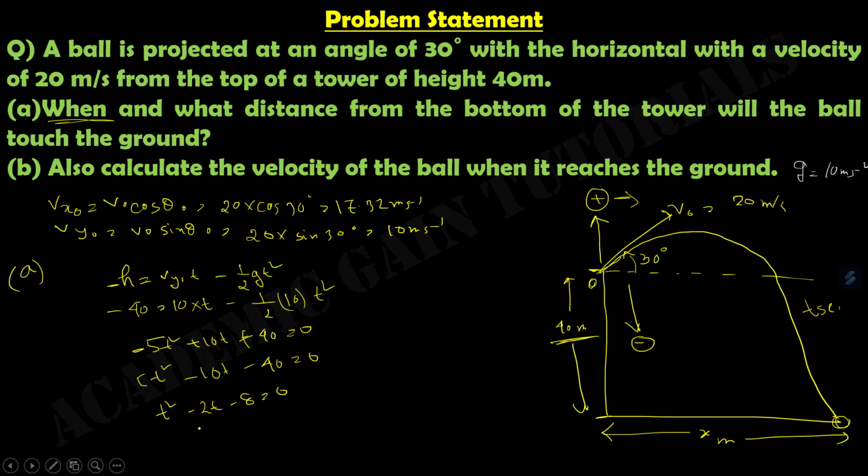So if I use the formula of quadratic equation, t will be minus of minus 2 plus minus root over minus 2 whole square minus 4 into 1 into minus 8, divided by 2 into 1.